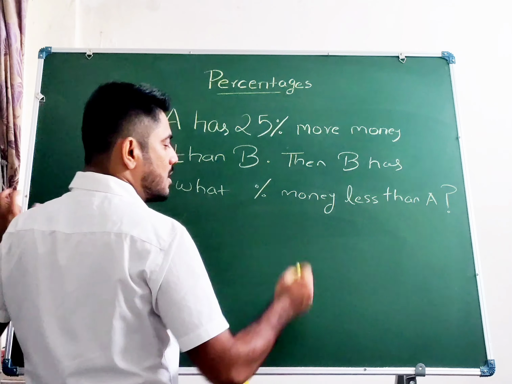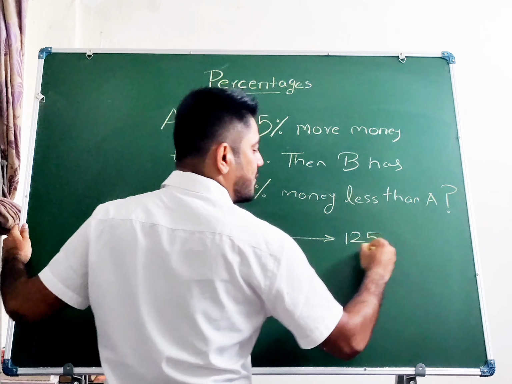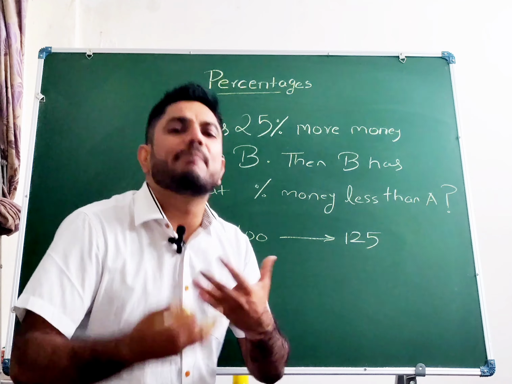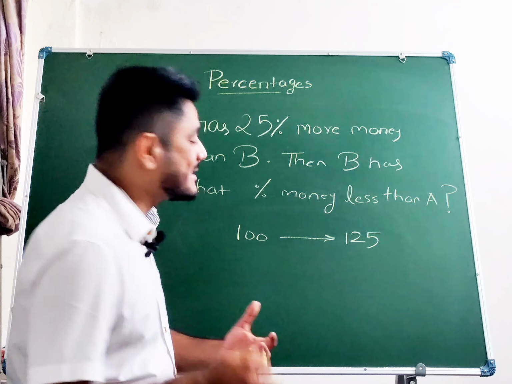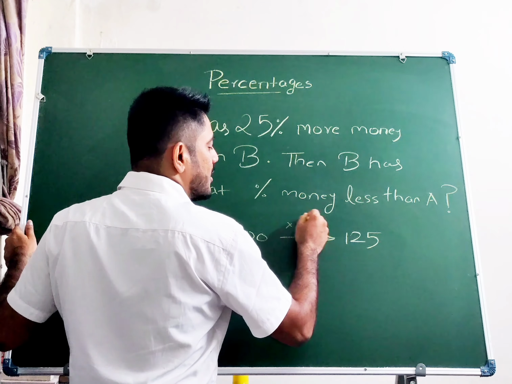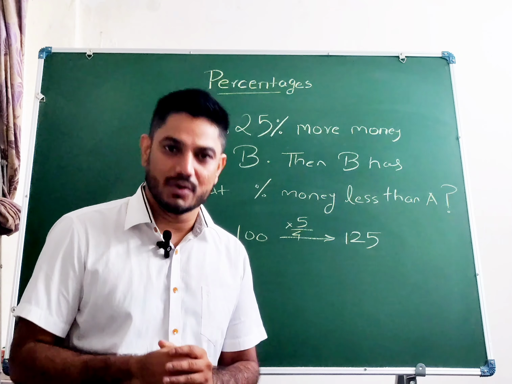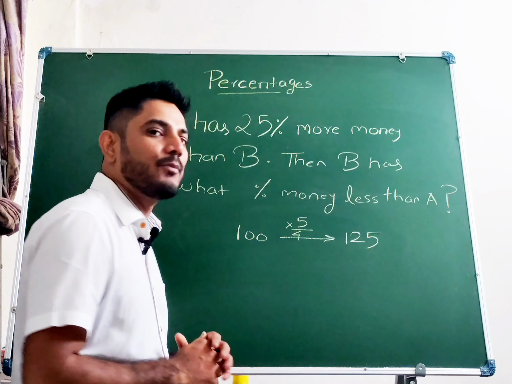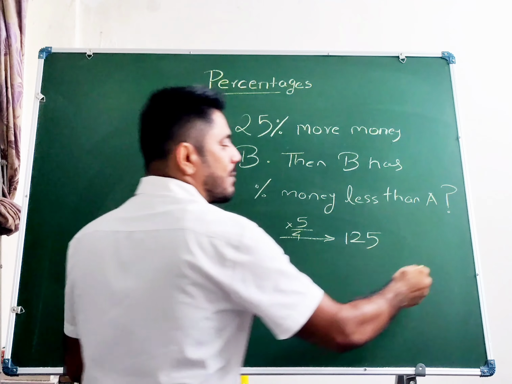So from 100 to 125, I had multiplied it with 1.25, or can I say multiplied it with 5 by 4, right? That is 1.25. Just keep this in mind, 1.25 because it was 25% more. Because 25% in ratio is 1 by 4.